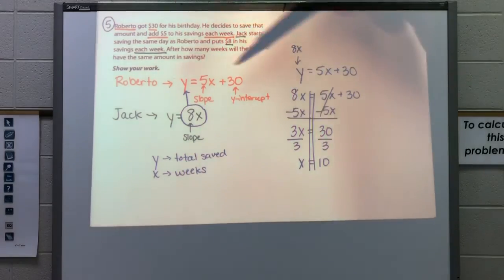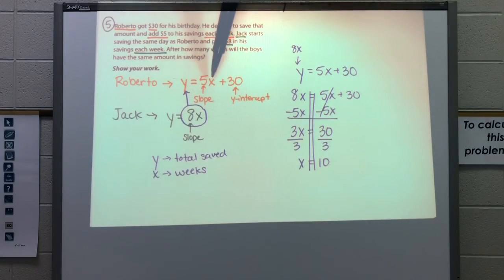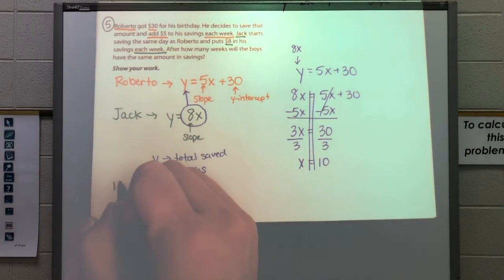How do I know that? Well, the y value is how much they save. He saves $5 each week. He saves $8 each week. So my x is how many weeks. So it says, after how many weeks will the boys have the same amount in savings? The answer is 10. 10 weeks.